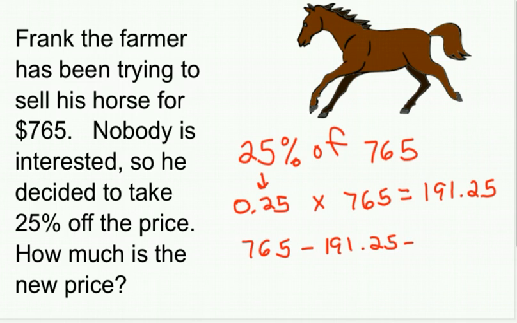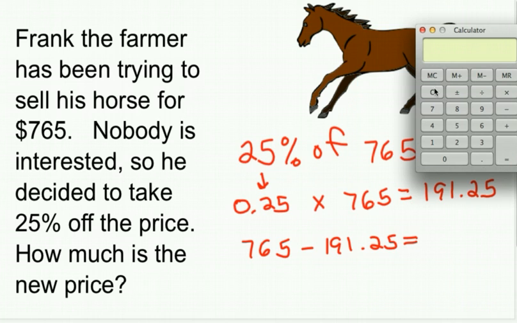Okay? And then, of course, we'll make life easier, and we will do it with a calculator. So we will take $765 and subtract the $191.25, and we will get a new price, a lower price, of $573.75.